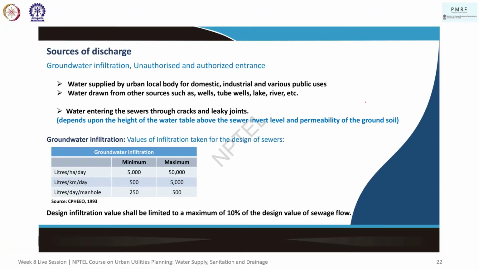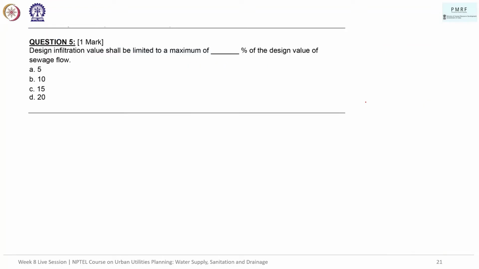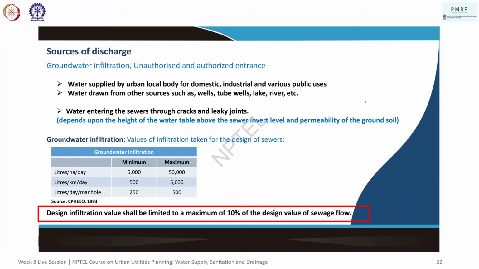Okay, we have one answer, C. The answer is actually B, 10%. If you can see in the slides, we shall limit it to a maximum of 10%. It might end up actually being higher than that, but that only means that the system needs to be rectified.